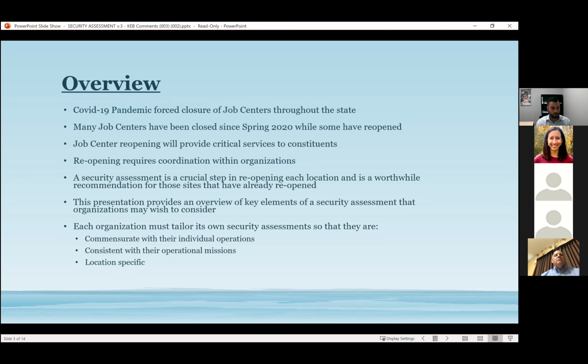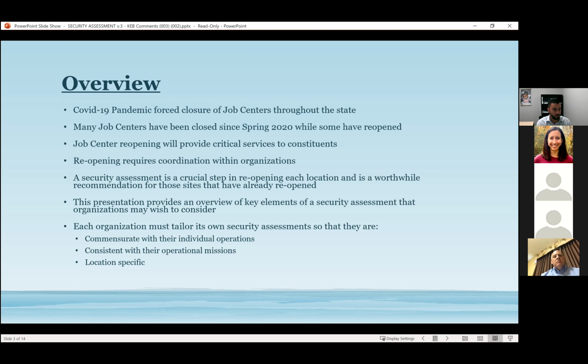With a quick overview on this presentation, I won't read everything here, but it's pretty basic. So the job centers were closed because of COVID-19. Lots of job centers closed since spring of 2020, and many sites have reopened. Obviously the job centers provide critical services to lots of folks out there. So reopening is important for everyone, and it involves a lot of coordination.